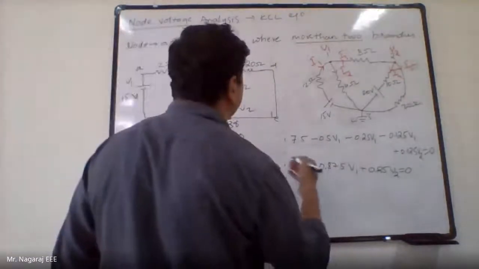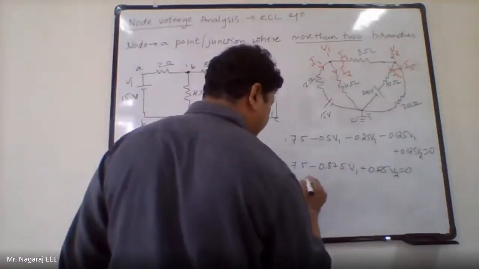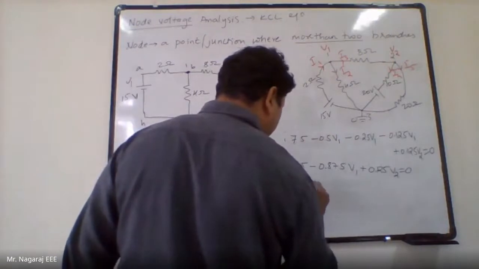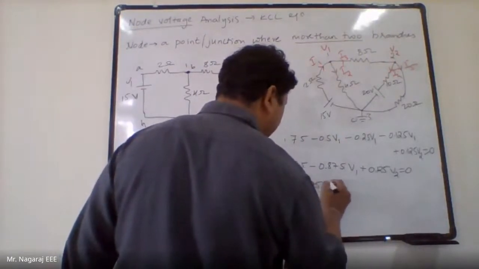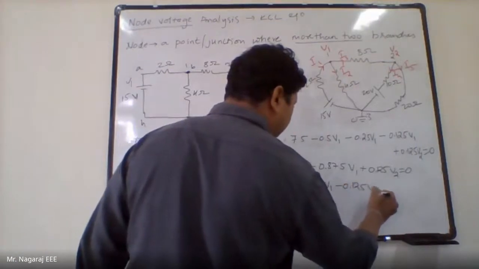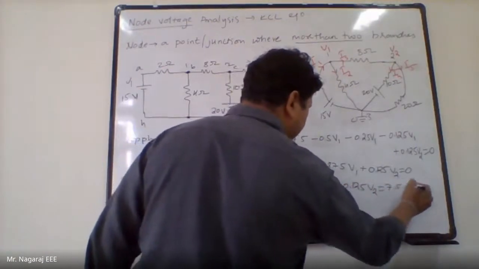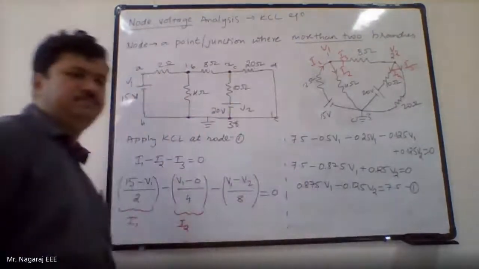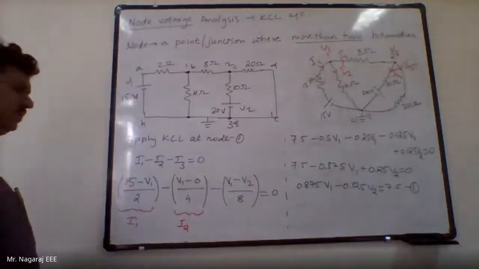Now arrange in the standard form. It is 0.875 V1 minus 0.125 V2 is equal to 7.5. So this is equation 1. Okay, that is equation 1.